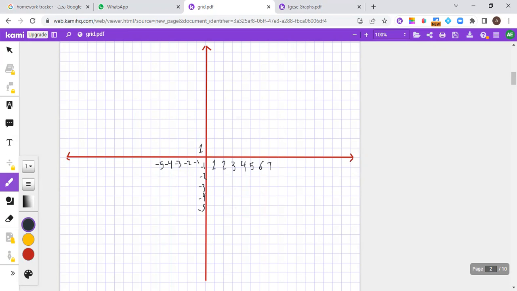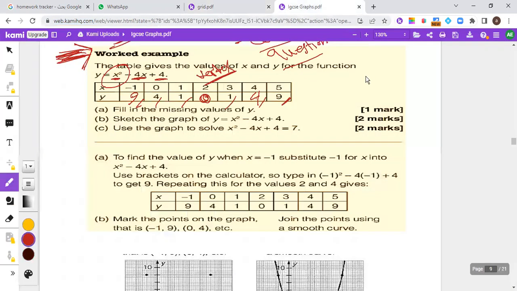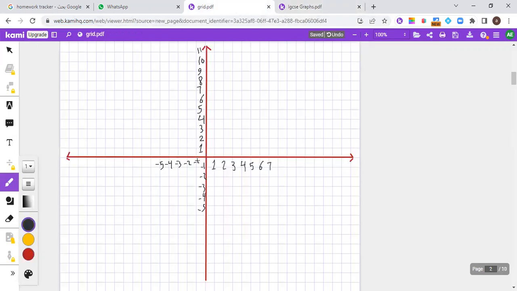Please graph with me. The first point is -1, 9. So from -1 go up to 9. I will mark it like x.